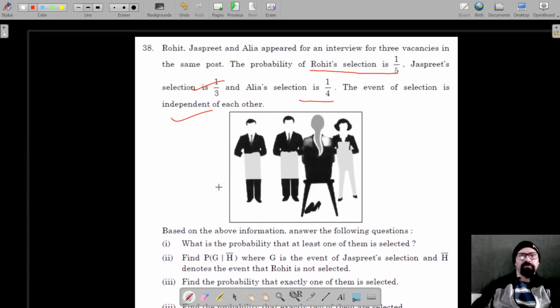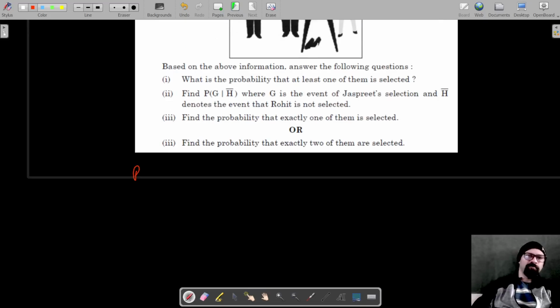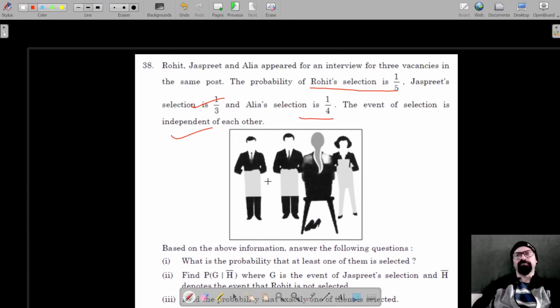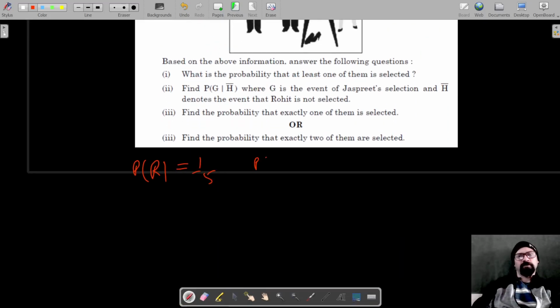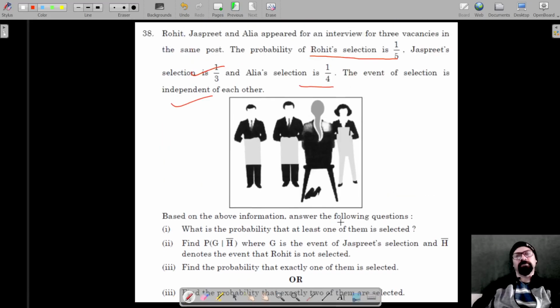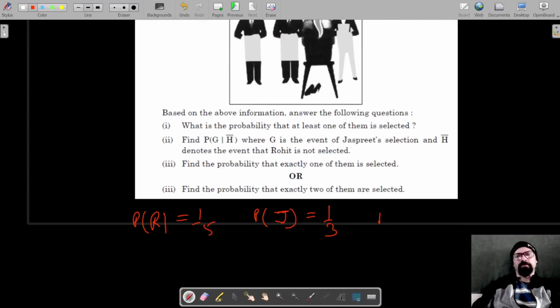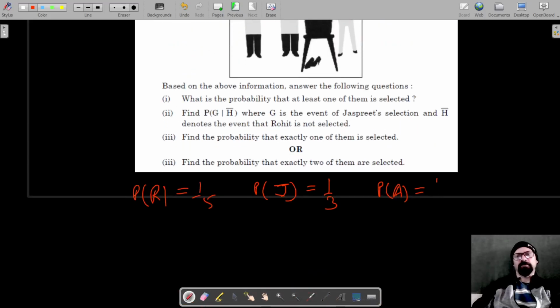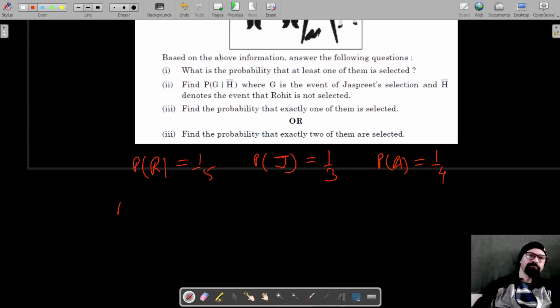So let's write down what is given to us. The probability of Rohit's selection is 1 by 5. The probability of Jaspreet's selection is P of J, which is 1 by 3. And the probability of Alia's selection is P of A, which is 1 by 4.